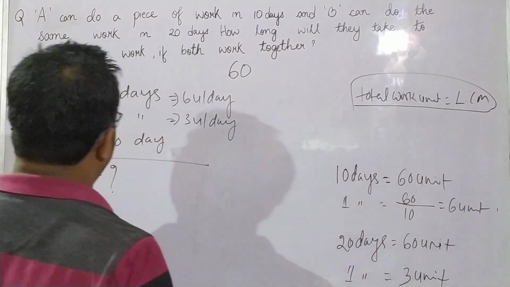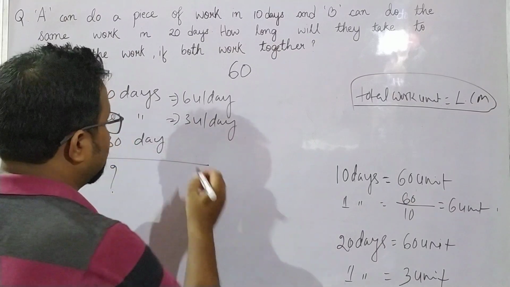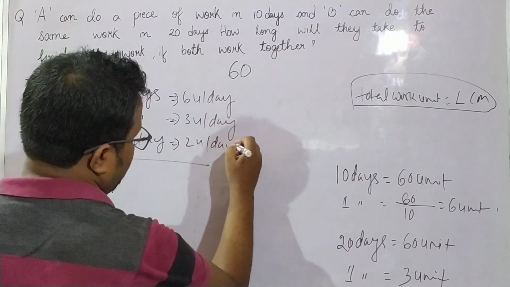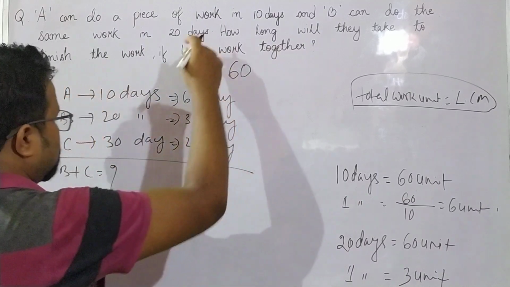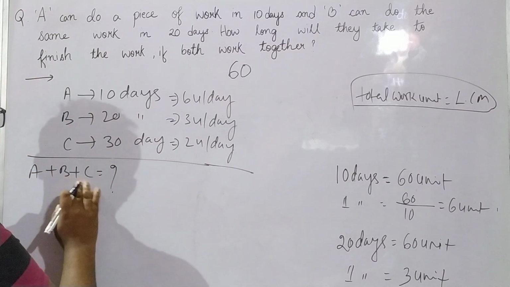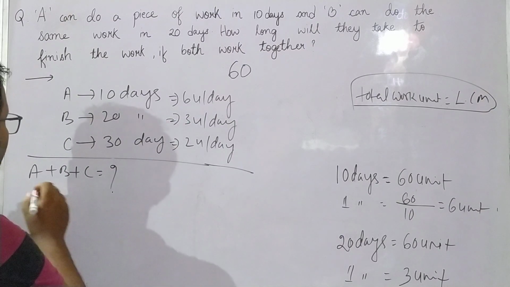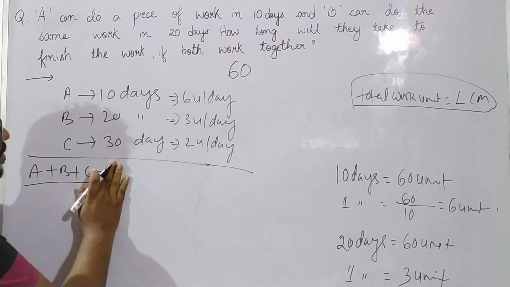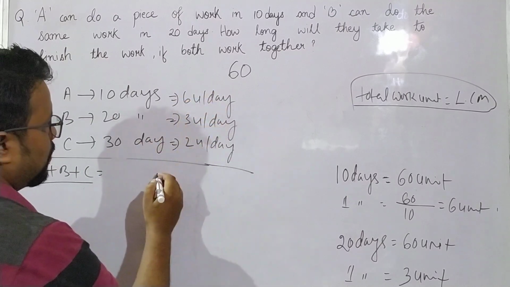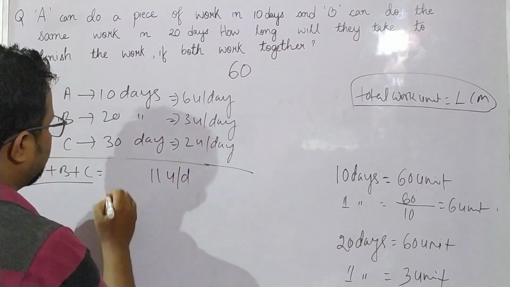Again, what is the work of C in 1 day? 2 units per day. So what is the total work of A, B and C in 1 day? Add them: 6, 3, 9, 2, 11 units per day.